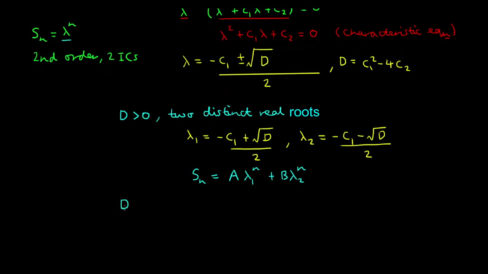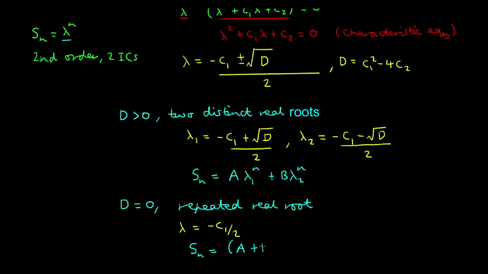Now for our second case, the discriminant is equal to 0. So here you would get a repeated real root, and that would be lambda is equal to minus c1 on 2. So therefore in this case our solution would be a constant a plus a constant b multiplied by n by lambda to the n.